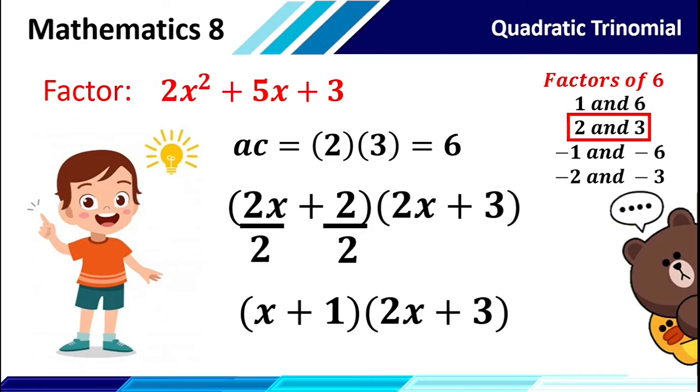Why do we arrive at x plus 1? Because 2x divided by 2 is x, and 2 divided by 2 is 1. Therefore, the factors of 2x squared plus 5x plus 3 are x plus 1 times the quantity of 2x plus 3.